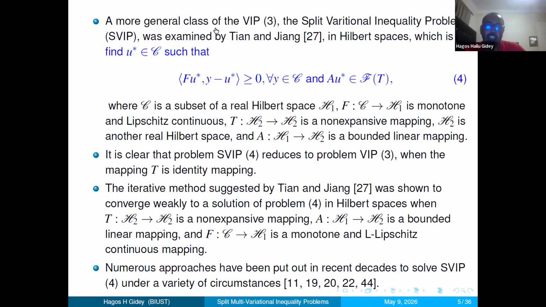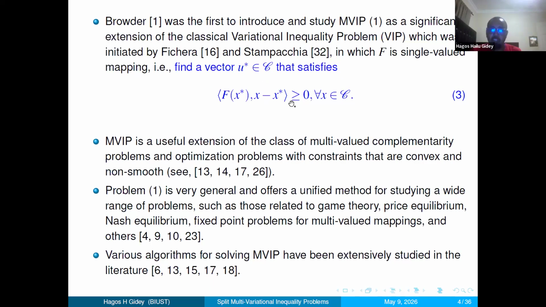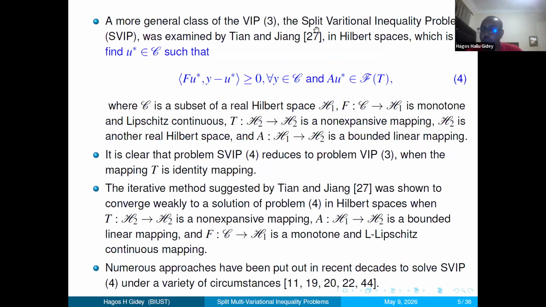There is another more general class of the variational inequality problem 3, where 3 means the classical one. We add a split: the split variational inequality problem.